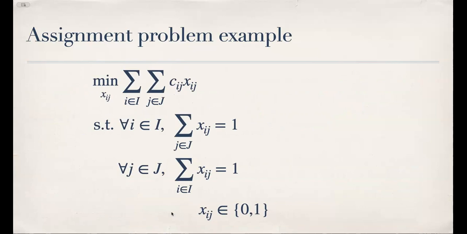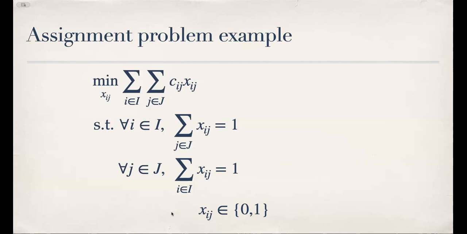We sum over J, and for all I, each job will be handled by only one person, and one person works on only one job.